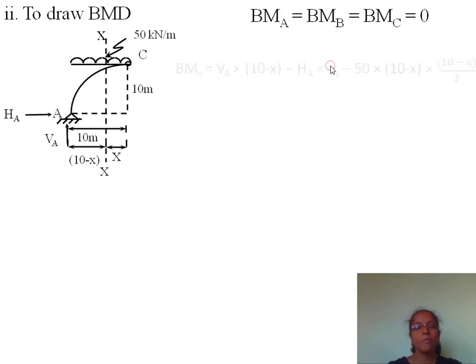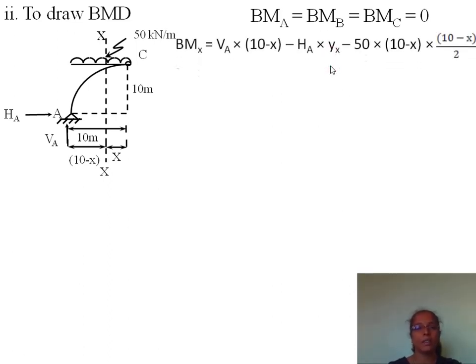Now we will write the bending moment at any section X equation. Bending moment at this section is VA into 10 minus X, positive, as this is inducing sagging bending moment. Next, consider this ordinate as YX, so minus HA into YX, as this is inducing hogging moment.